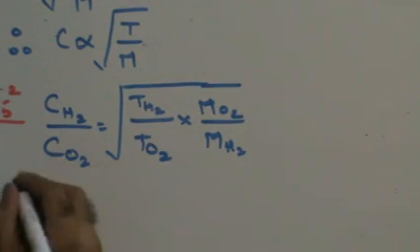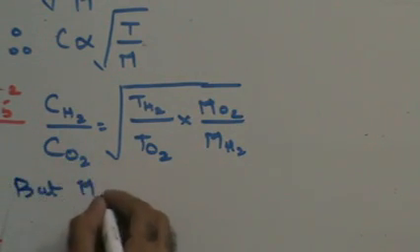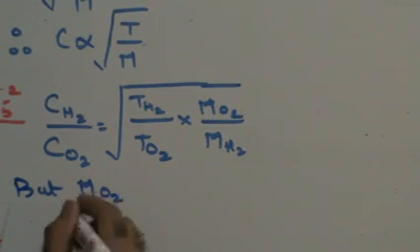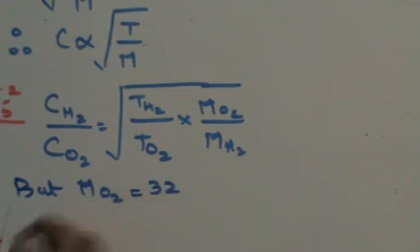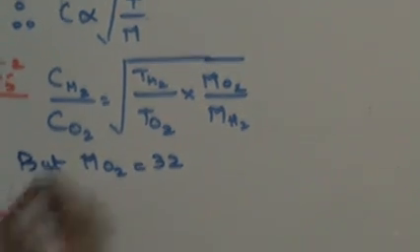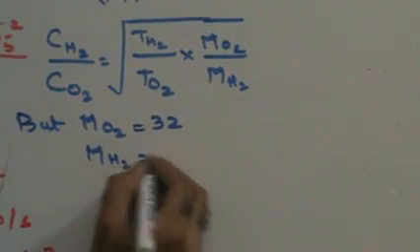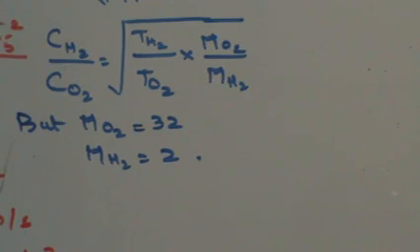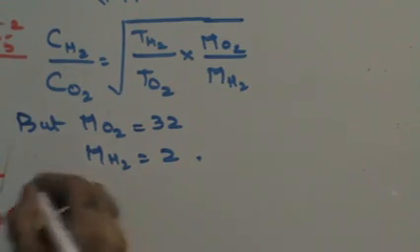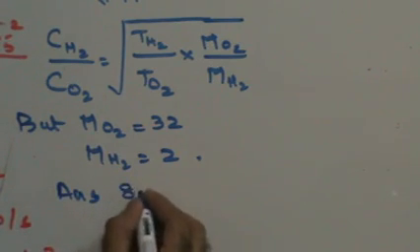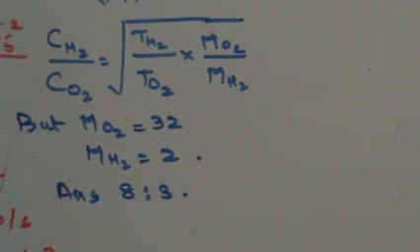Now, we know that molecular weight of oxygen is 32 and molecular weight of hydrogen is 2. So substitute these values, you should get the answer. The answer for this sum should be 8 upon 3. Next, take the next one please.